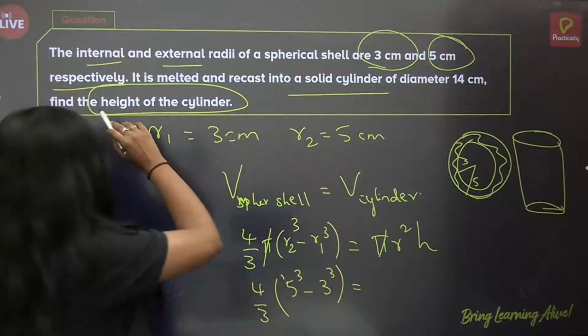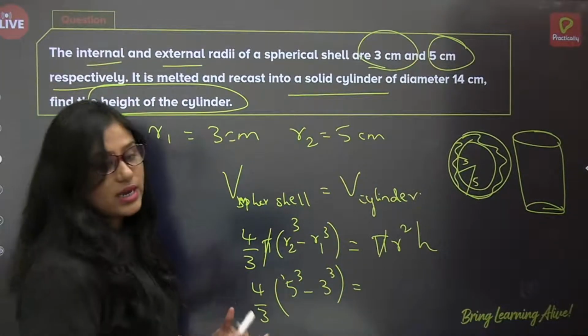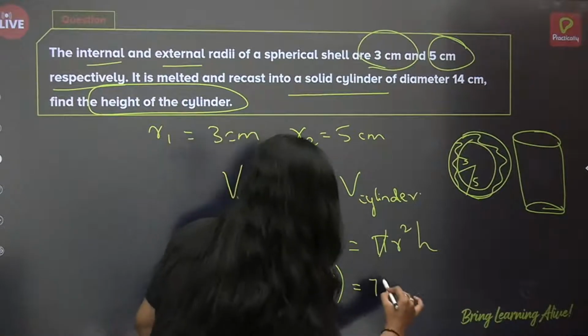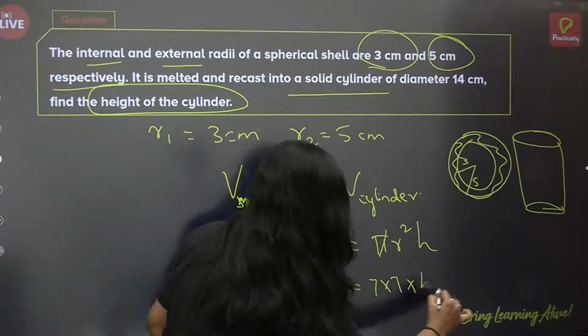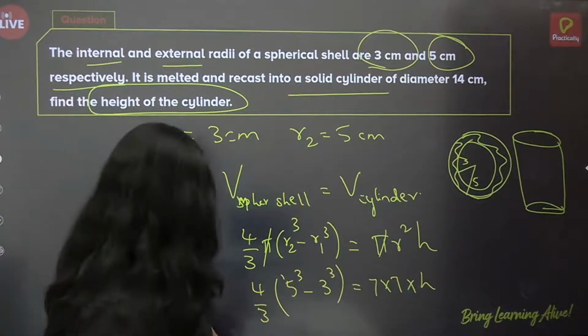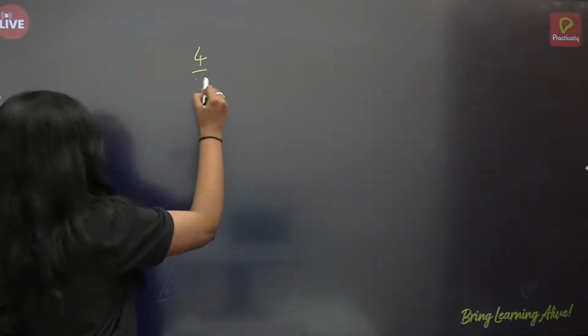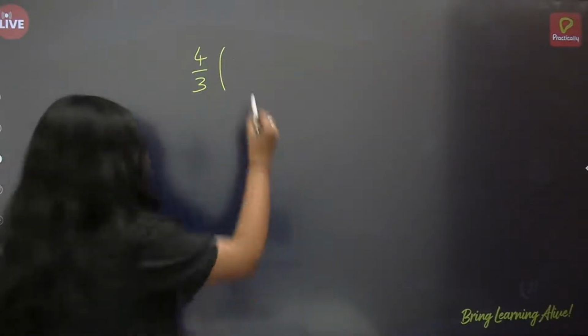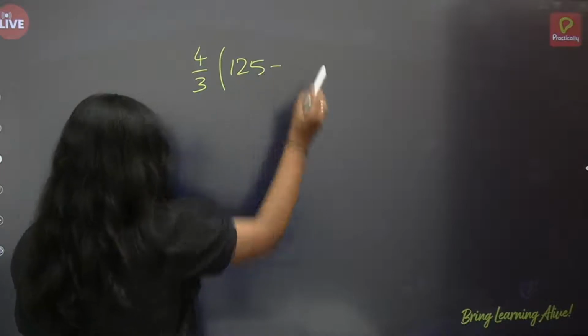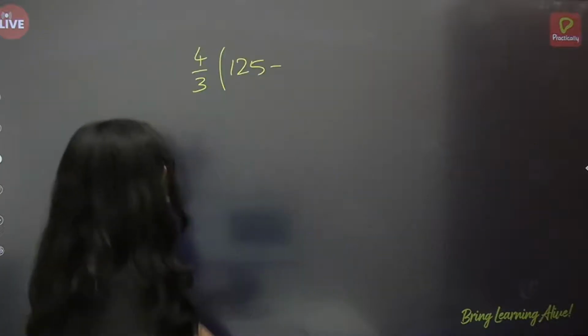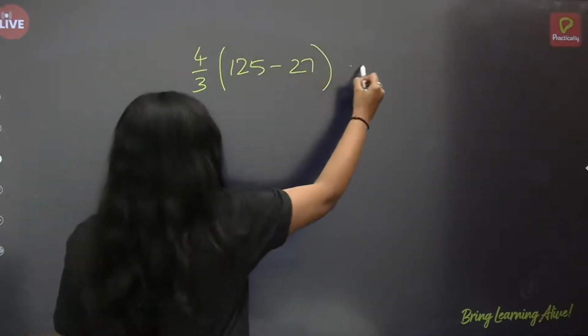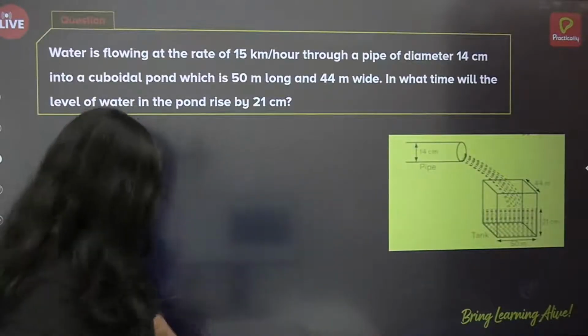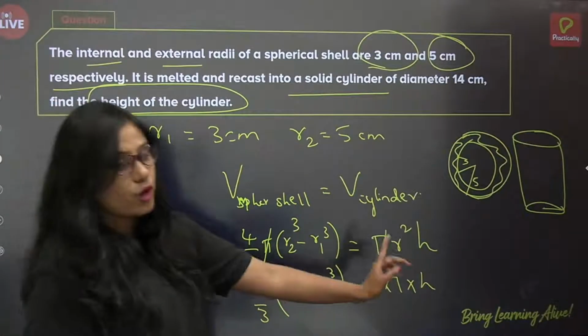If diameter is 14, then what will be the radius? 7. So 7 into 7 into h. Come on, let's solve this. 4 by 3 into, what is 5 cube? 125. And what is 3 cube? 27. Is equal to 49h.